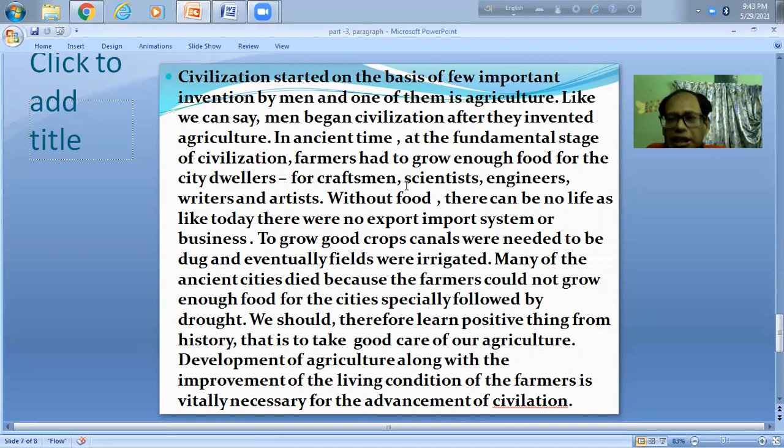So the invention of agriculture was related with man's concept of inaugurating civilization. The civilization keeps in the horizon of the knowledge of human beings when they were able to cultivate.